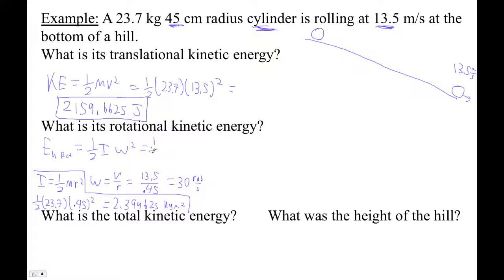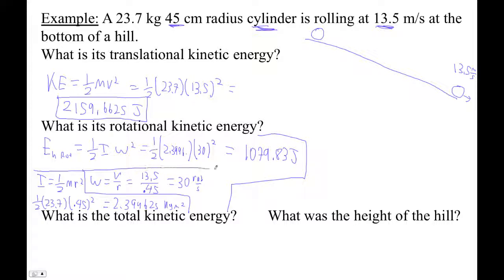Now we can go 1/2 times 2.3996 times 30 squared, and we get the somewhat surprising result that the kinetic energy is exactly half of this, 1079.83 joules. So you ask yourself, how is that possible?